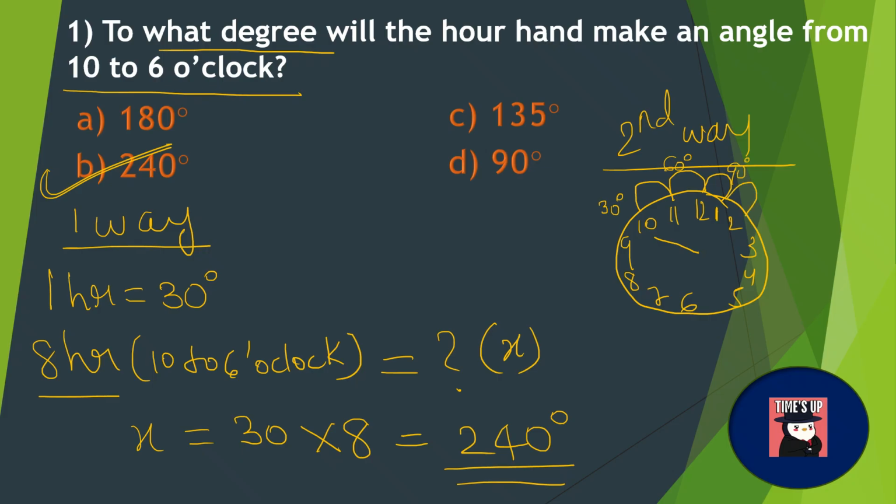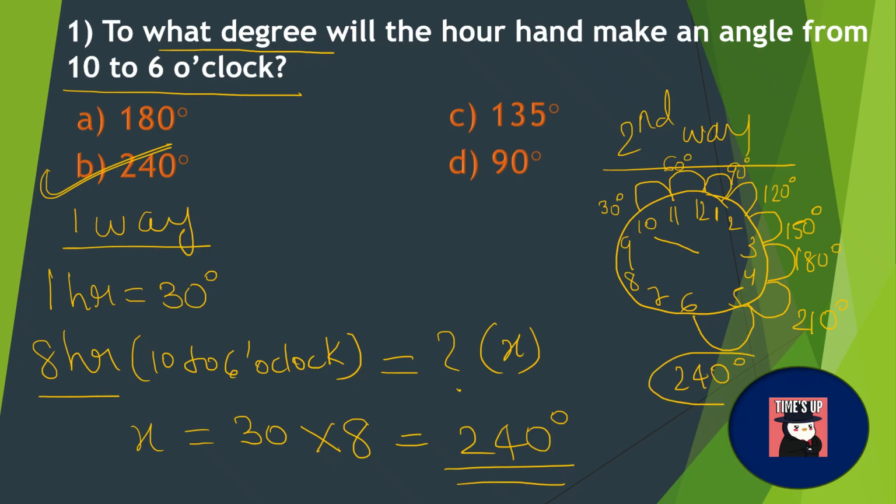Then 1 to 2 will be how much? 3 fours are 12. So 120 degree. Then 2 to 3, 150 degree. 3 to 4 will be how much? 3 sixes, 180 degree. 3 sevens are 210 degree. Then lastly you have 3 eights, that is 240 degree.